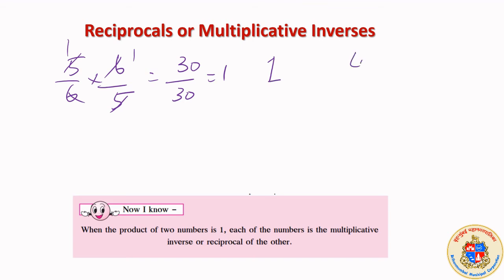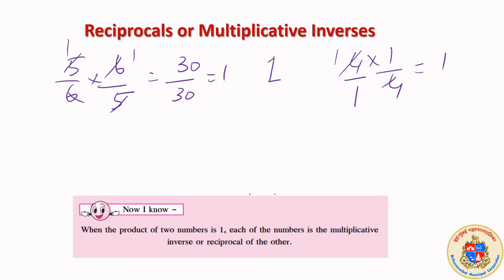One condition. 4 into 1 upon 4 is also equal to 1. 4 cancel with 1, 1. Otherwise this is equal to 4 upon 1. That means simple number. Simply if you write a number, it means the denominator is 1. Understood? So this you should keep in mind, what is meant by reciprocal or multiplicative inverse.